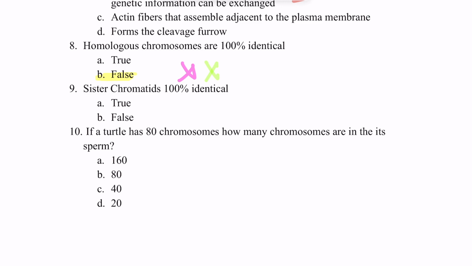All right, question 9. Sister chromatids are 100% identical. This one's a bit misleading. So we'll say for this one we're talking about mitosis. Sister chromatids are 100% identical in mitosis. True or false?